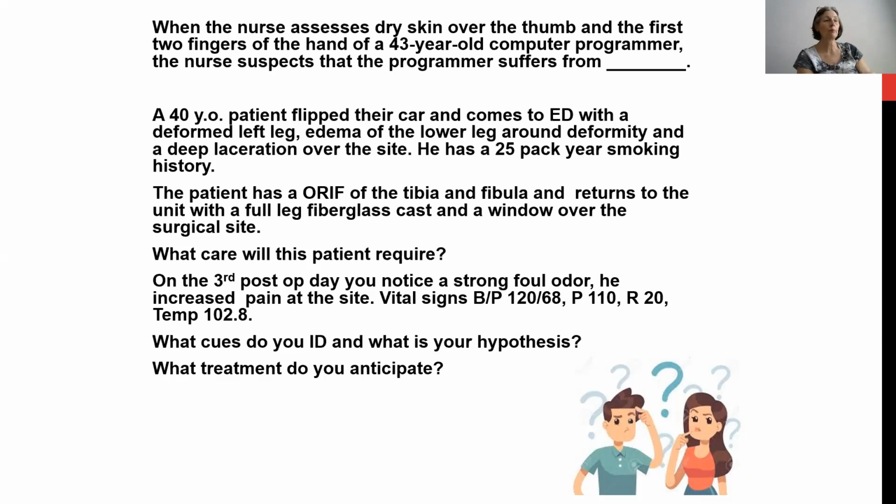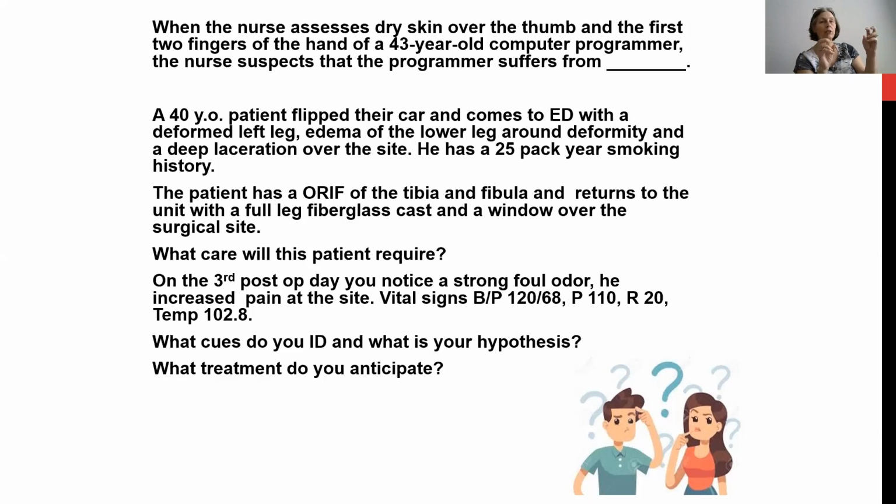So the third post-op day, you smell a foul odor, and he says he has terrible pain in his site. His vital signs reflect a blood pressure of 120/68. That's normal, right? But his pulse is tachycardic. His respiratory rate is right at the border between eupnea and tachypnea. His temperature is elevated. So what cues do we identify?